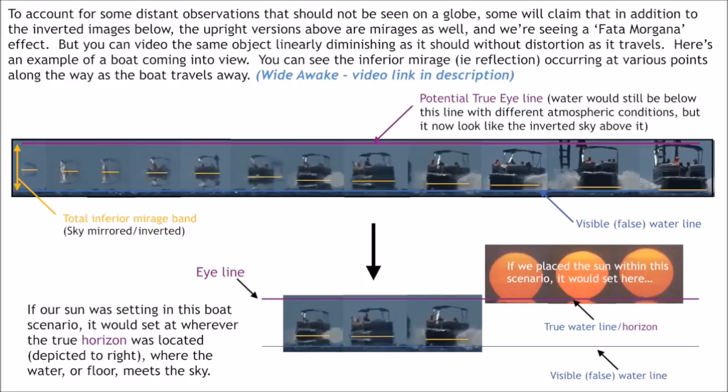And this is another way you can use objects like the sun or moon that are setting. They would determine your true horizon line at that point because they are so high and distant. When they do set, that is your lower limit of your visual field and is not distorted.